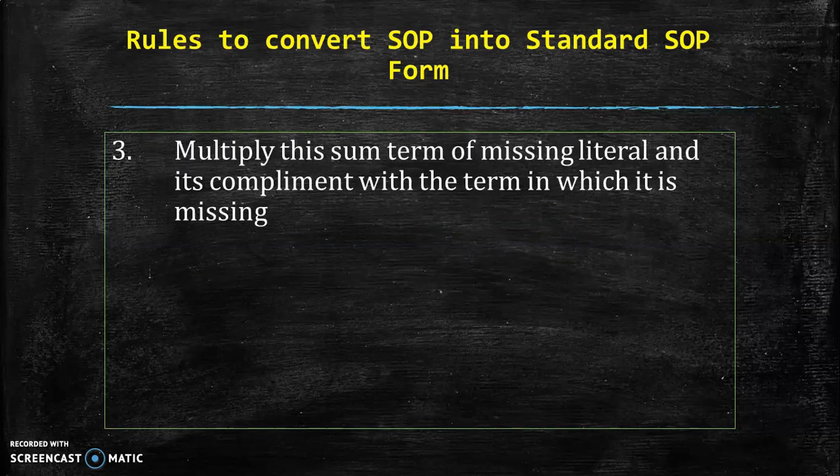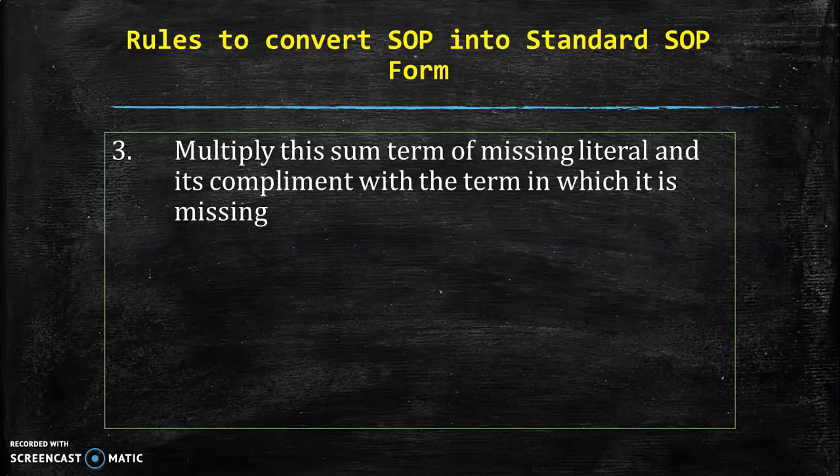Now step number 3, multiply this sum term of the missing literal and its complement with the term in which it is missing. As I said, in OR operation, C plus C bar is equal to 1. So if we multiply any product with 1, then the product remains as it is. There is no change in the value.